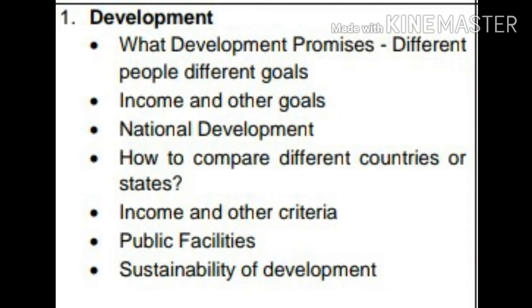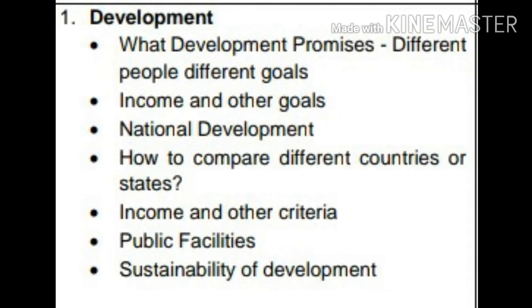Second, income and other goals. Third, national development. Fourth, how to compare different countries or states. Then income and other criteria. After that, public facilities. And the last point is the sustainability of development.